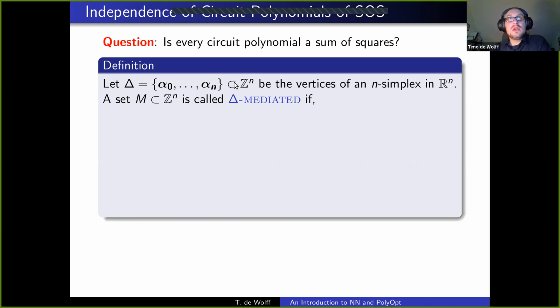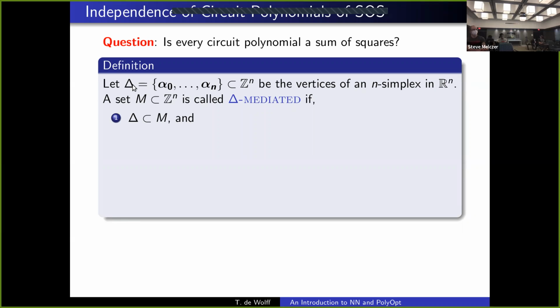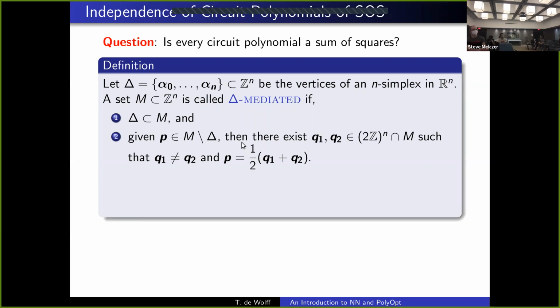I'm starting with a set of lattice points, and you can think about them as the vertices of our Newton polytope. So I have an n-simplex, right? And these are the exponents of the positive terms. Now I consider a subset of lattice points, and I call it delta-mediated if, first of all, my points delta are contained in this set M. And I have the following condition.